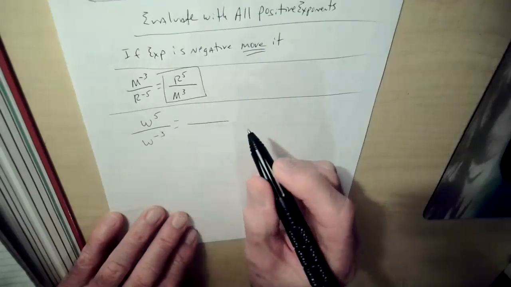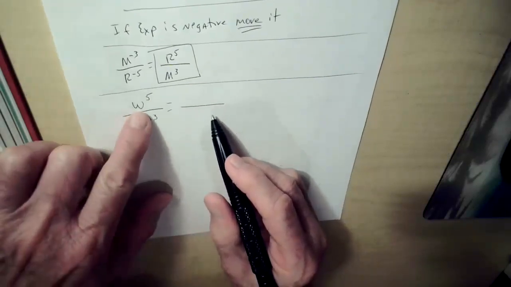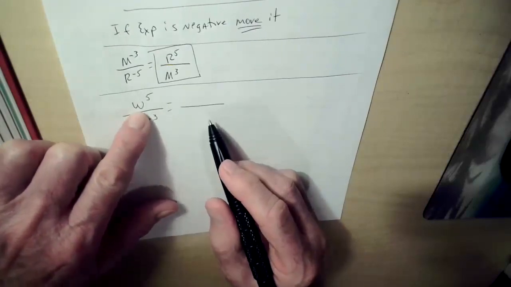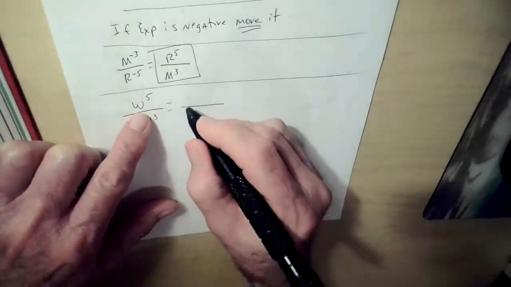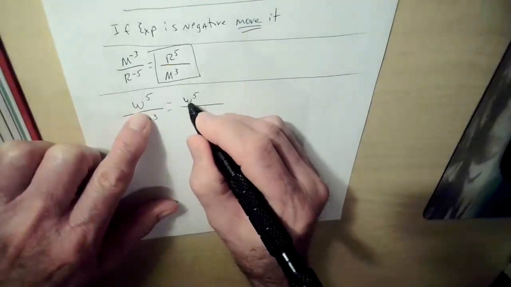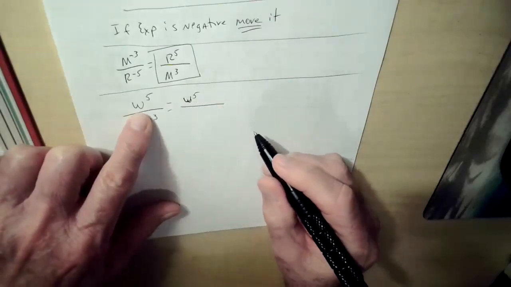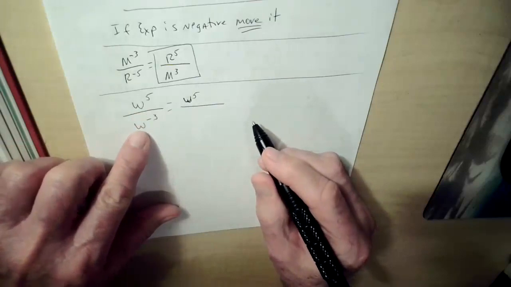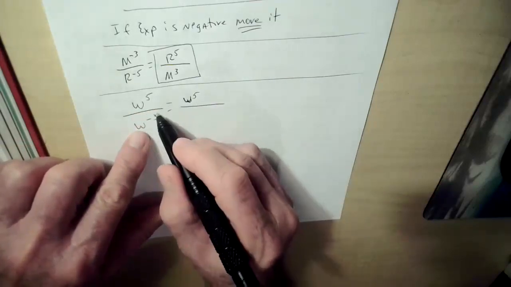W to the fifth over w to the minus third. Again, draw the fraction bar first. Take them one at a time. W to the fifth, where does it go? Stays on the top because the exponent's already positive. W to the fifth.